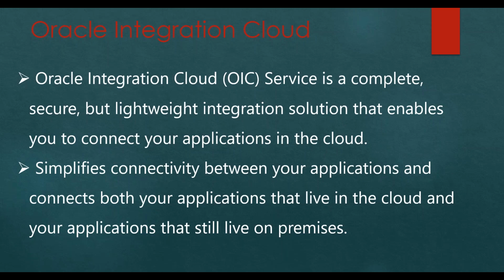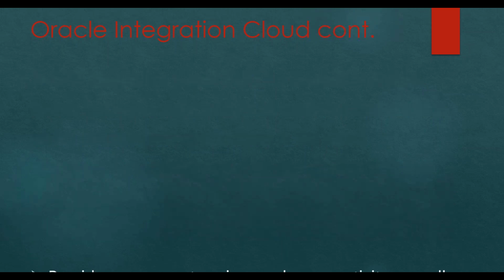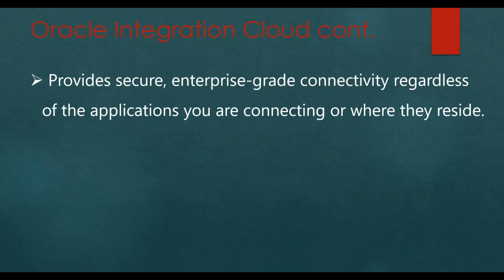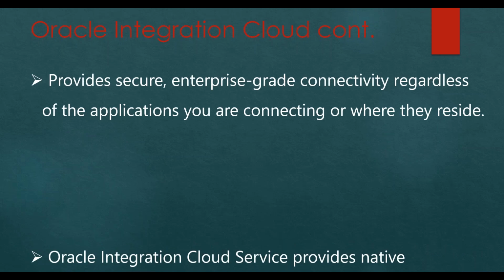If you have Oracle Integration Cloud in your organization, you can leverage this middleware platform to exchange data from one application to another, whether it is a SaaS-facing application or an on-premise application. You can have any type of integration using Oracle Integration Cloud. It provides secure, enterprise-grade connectivity regardless of the application you are connecting or where they reside.